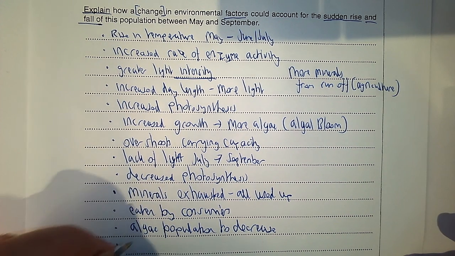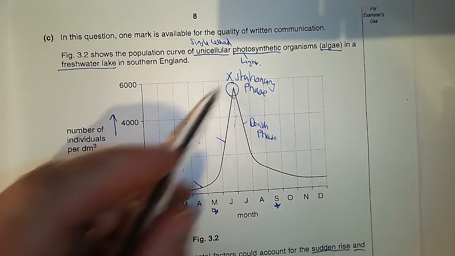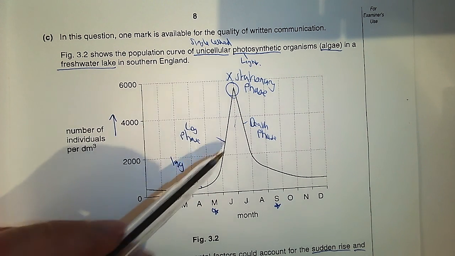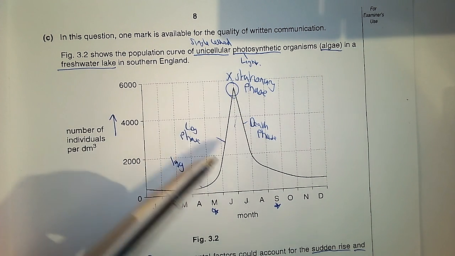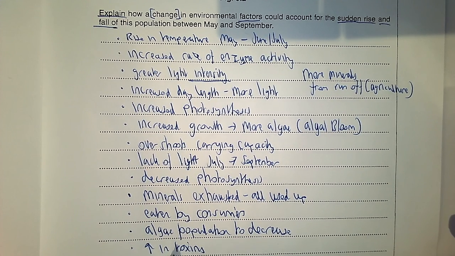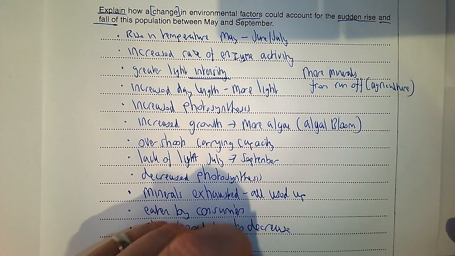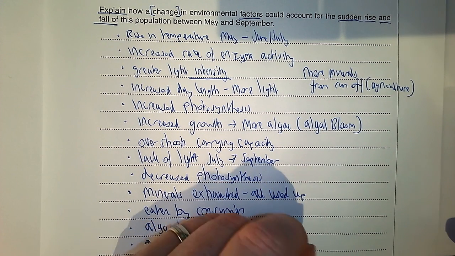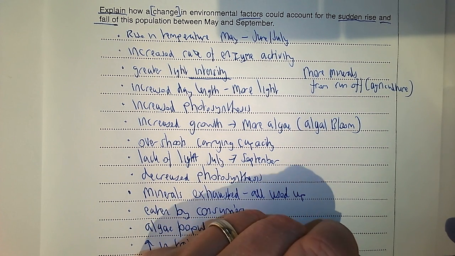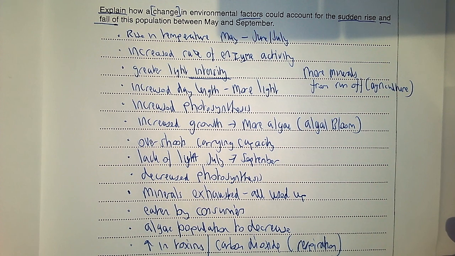And there also might be increase in toxins. So from this exponential growth, these algae, as they're decaying, etc., are going to make more toxins. Those toxins will increase in the lake, and that might actually cause increased death rate. Toxins, or it could be carbon dioxide from respiration. So that's going to cause a decrease in the algae growth.